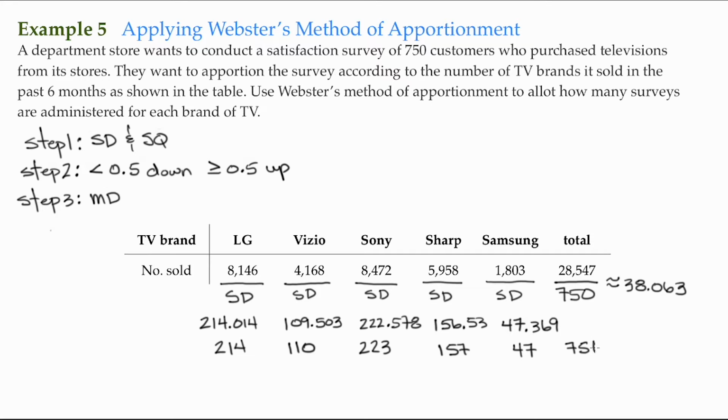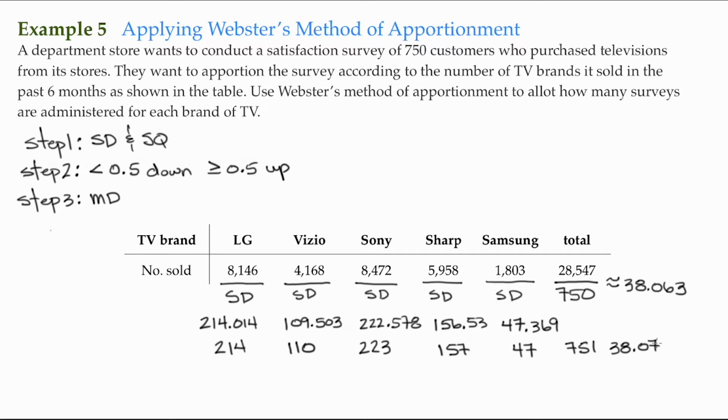Also, since this is over, we want to have a larger value than 38.063, but we have to be careful as far as what our adjustment is. So how about if we make this 38.07? We'll make our modified divisor 38.07.